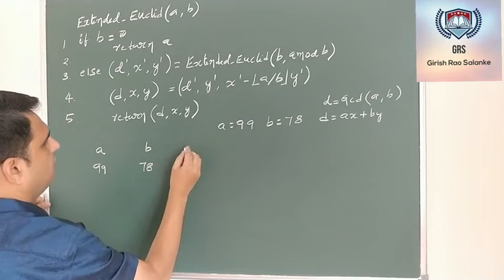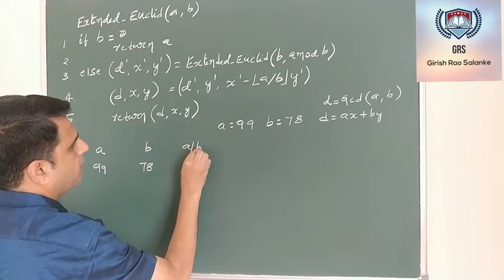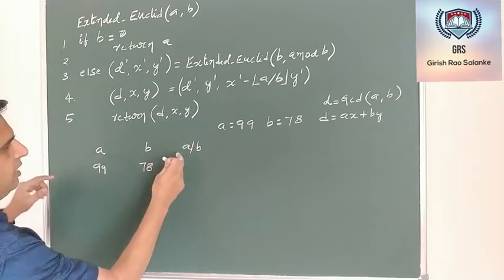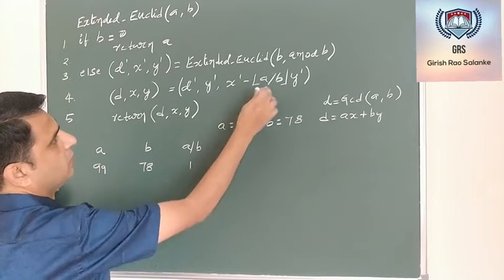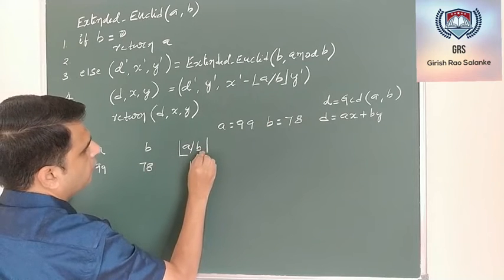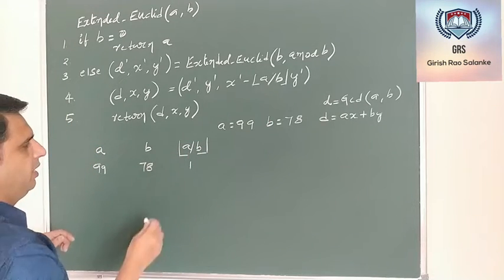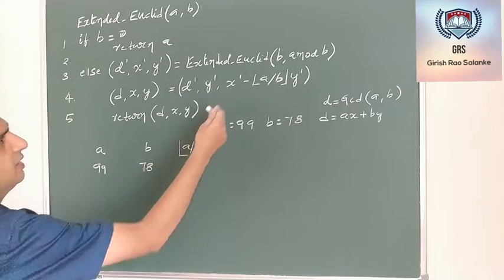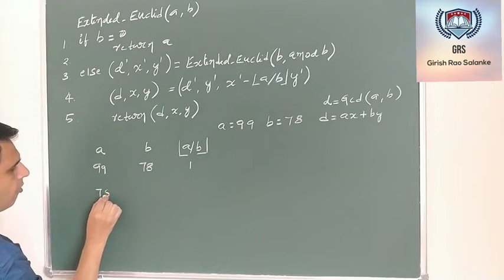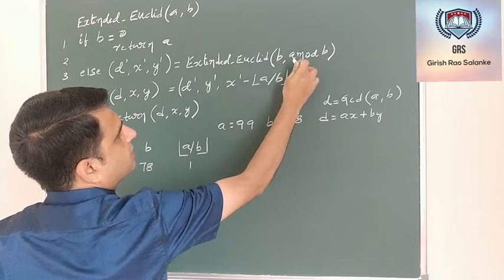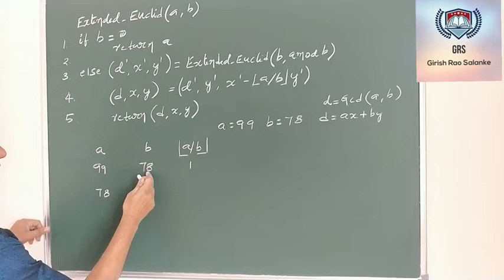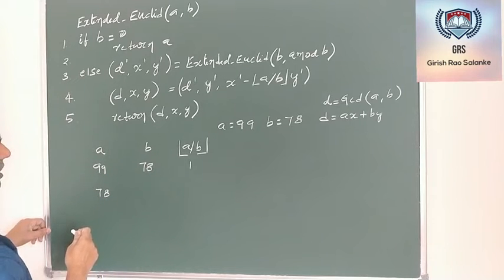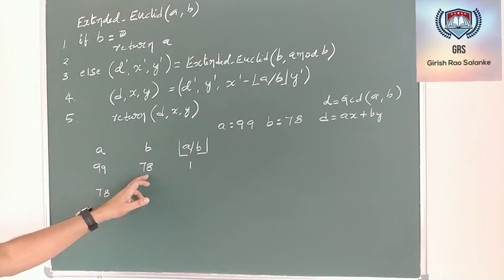This d, x and y are interchanged with these three values, d dash, x dash, y dash. Let me also have a divided by b. Now what is a divided by b? 99 divided by 78 is 1, the floor of a divided by b. Now in the next iteration, b will be my a, and the new b is a mod b, that is 99 mod 78.